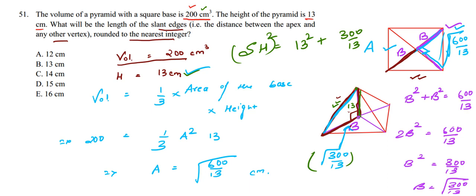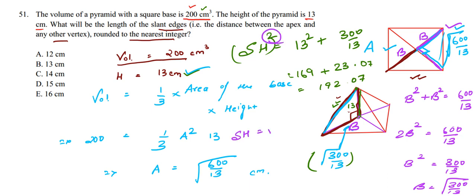Solving this further, 13 square is 169. 300 divided by 13 gives something close to 23.07. Adding this to 169, we get 192.07, and this is the square of SH, the slant height.